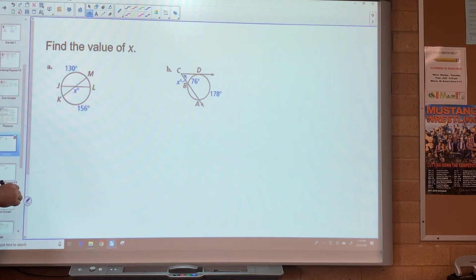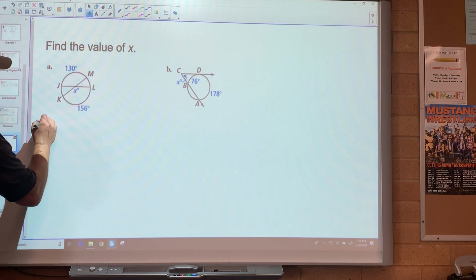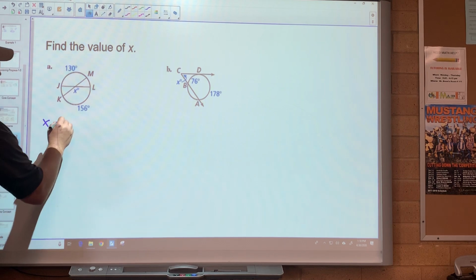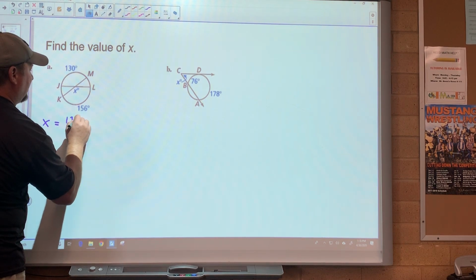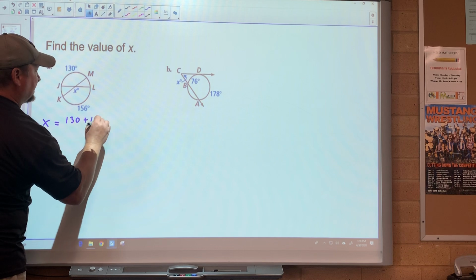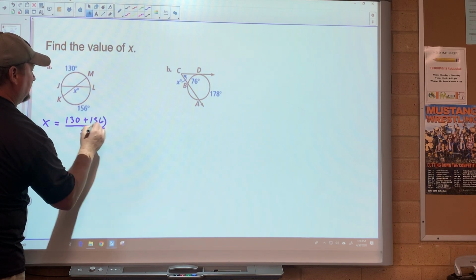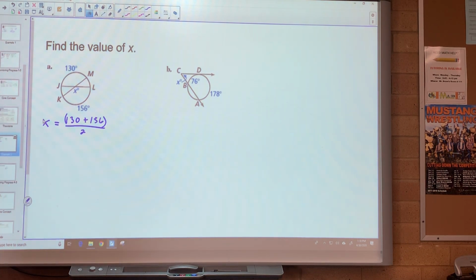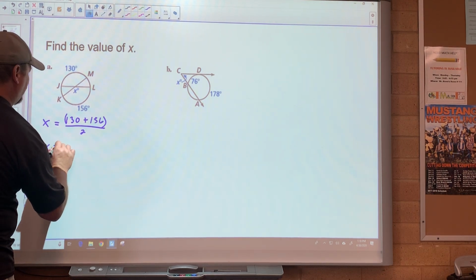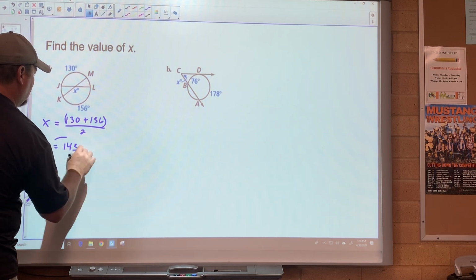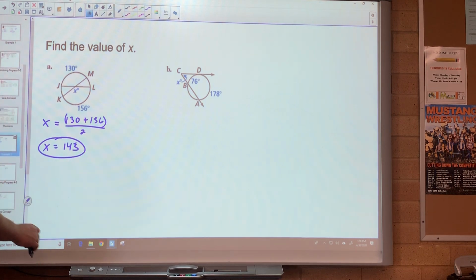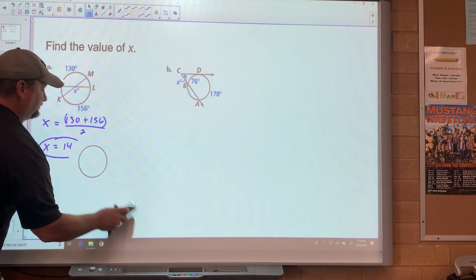So we add them together. x equals 130 plus 156, all cut in half. So 130 plus 156 divided by 2 is 143. That's how you would find that angle.